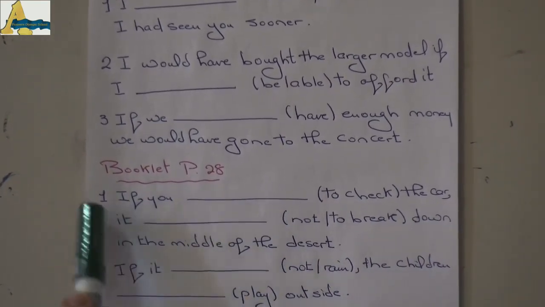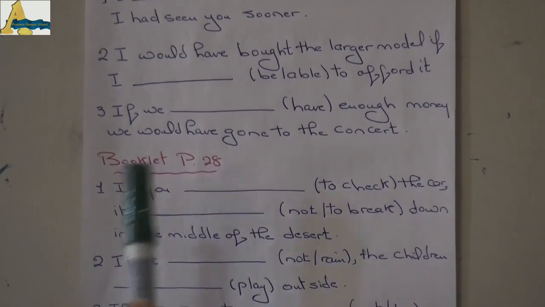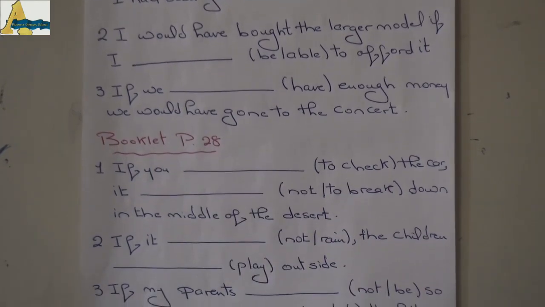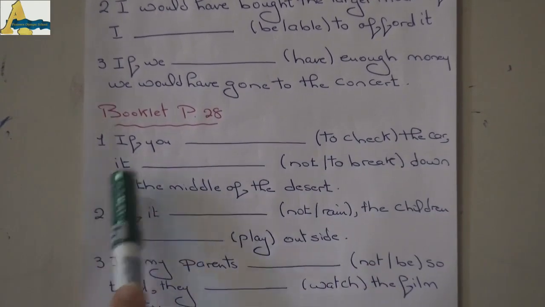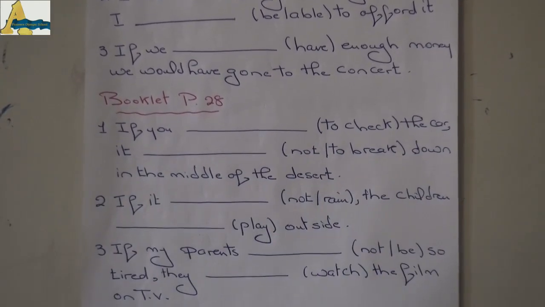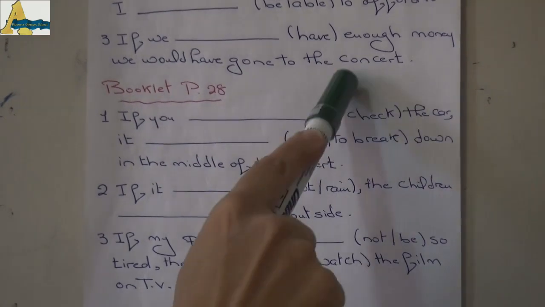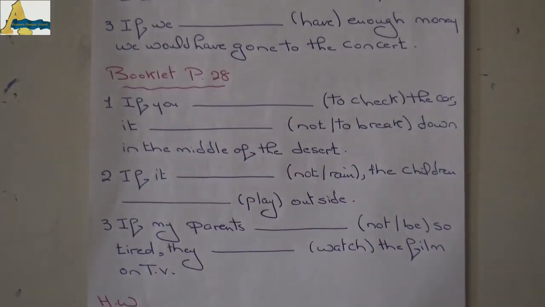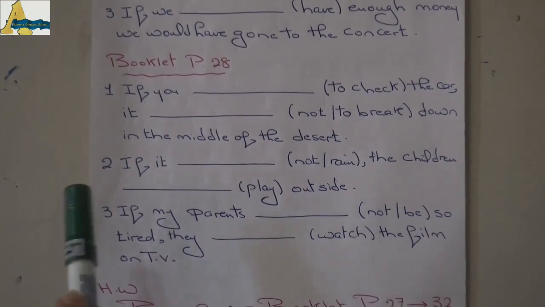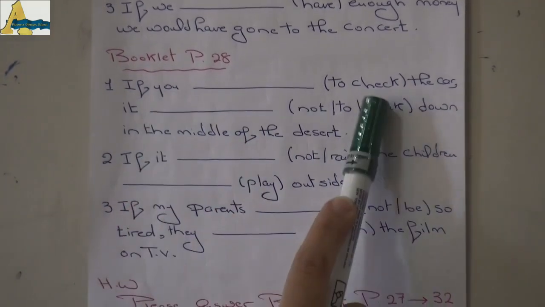Let's move to the next three sentences in your grammar booklets, page 28. If you, to check the car, it not to break down in the middle of the desert. Does to have meaning? No, it hasn't got any meaning. It's just to write the verb in the infinitive form. Look here: if we check.